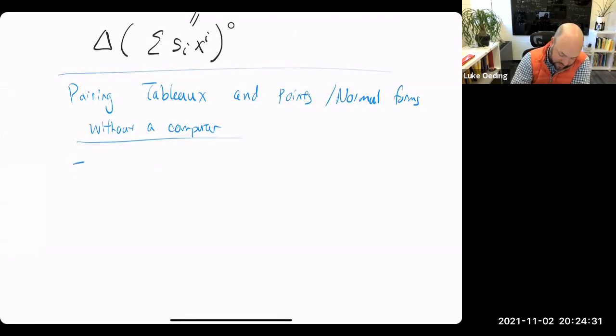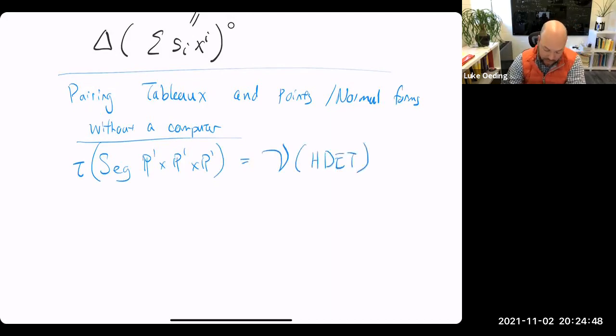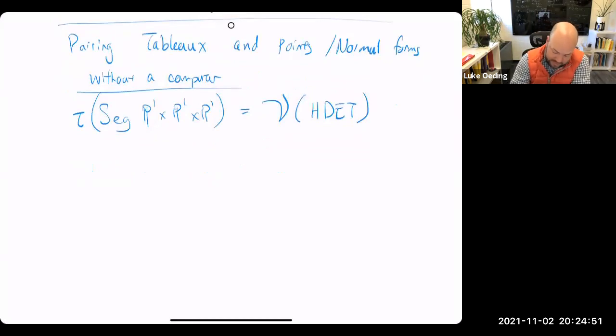Suppose I take the hyperdeterminant, in the case we did before, also known as the Segre product of P1 cross P1 cross P1, and then I take the tangential variety of this. This is the vanishing of the form that we computed earlier. But if we wanted to discover this, it contains points like this: A2 tensor B1 tensor C1 plus A1 tensor B2 tensor C1 plus A1 tensor B1 tensor C2.